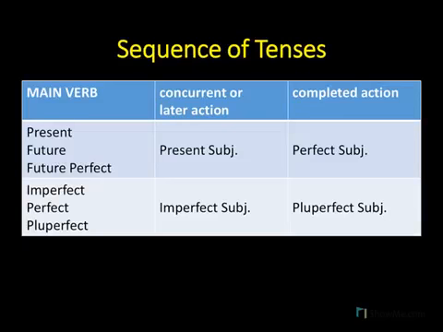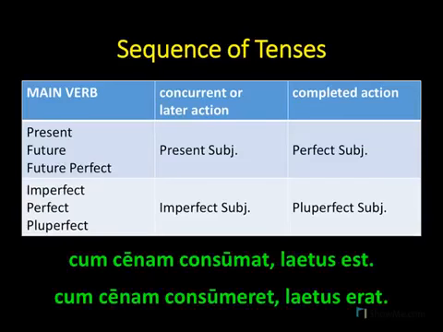Let's take a look at how this chart applies to the two sentences that we've already seen. Cum caenam consumat, laetus est. The word est is in the present tense indicative, and that is our main verb. Consumat is in the present tense subjunctive, and that's in our subordinate clause.